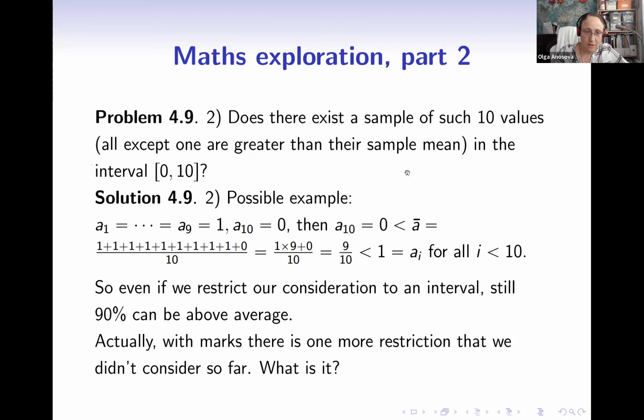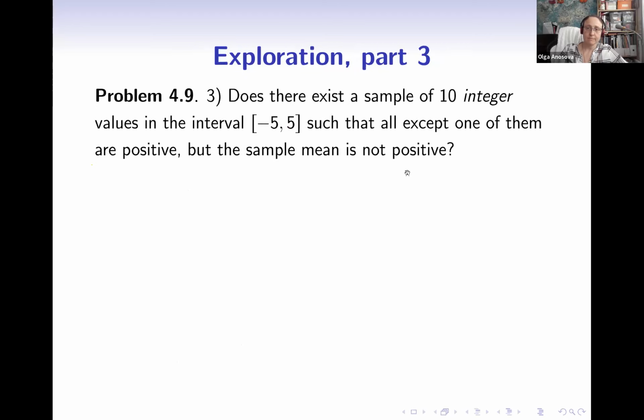Okay, so let's try this problem. Does there exist a sample of 10 integer values in some interval? Well, let's take this interval from -5 to 5 to make things more striking, such that all except one of them are positive, but the sample mean is not positive.